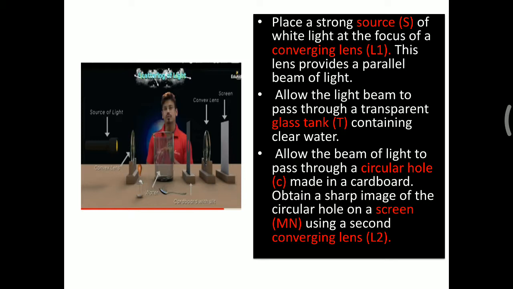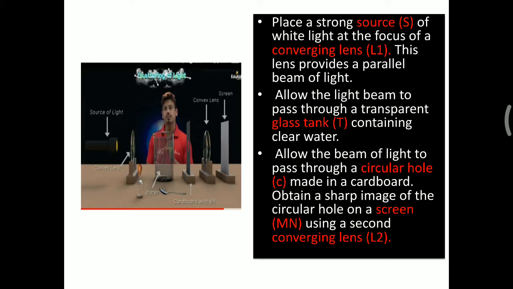Allow the light beam to pass through the transparent glass tank containing clear water. Here is the glass tank containing the clear water. Allow the beam of light to pass through a circular hole made in cardboard.